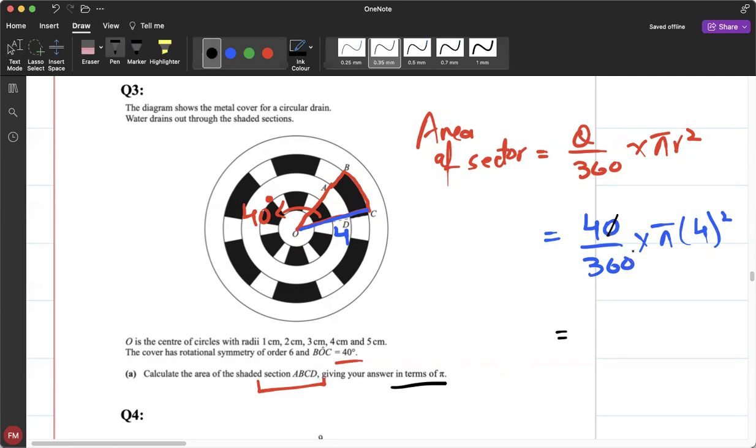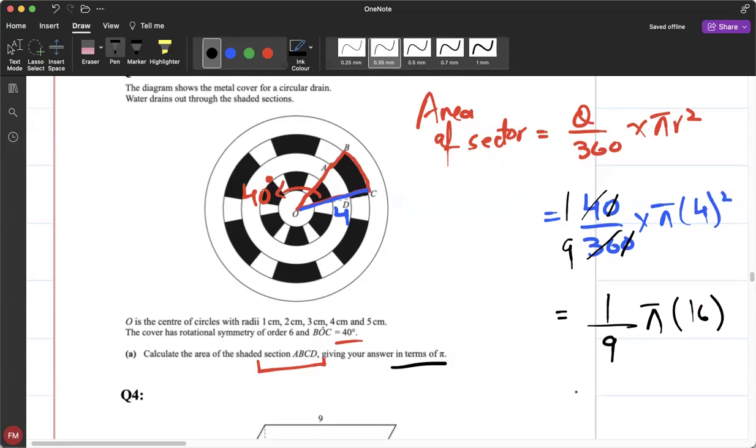So again, 40 and 360, the 0s cancel out. I know 4 times 9 is 36. I would expect that you should know basic multiplication. So I can write it down as 1 over 9 pi, and then we have 16. 4 squared is 16. So maybe I can write down the answer as 16 over 9 pi.